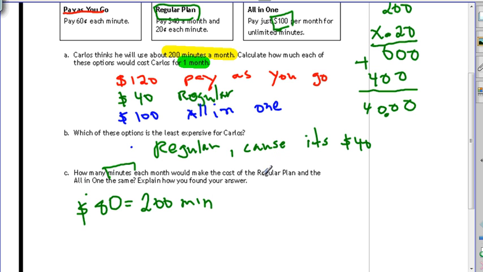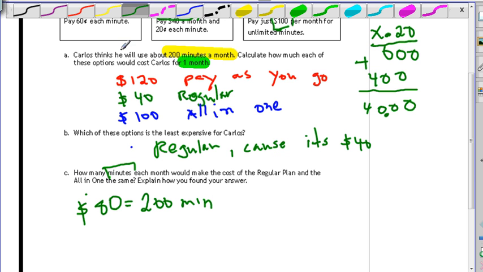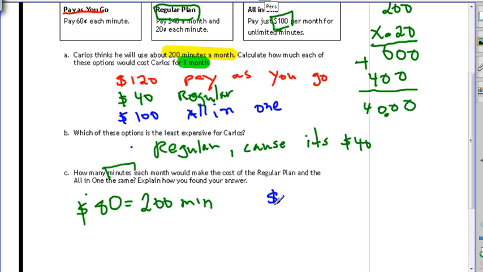And when I pay $100, I get 200 minutes. So even if I double the minutes, like if this is 400 minutes, I'd still get $100.